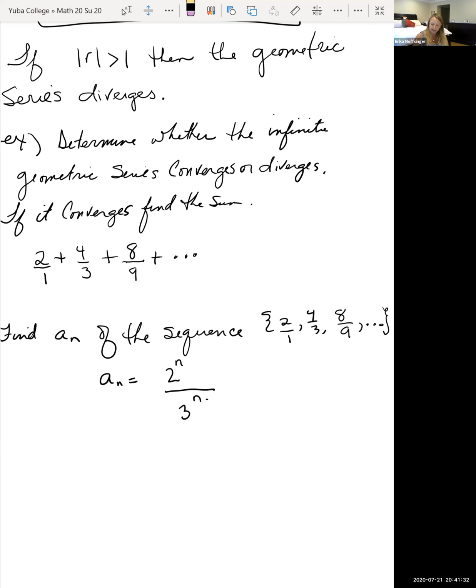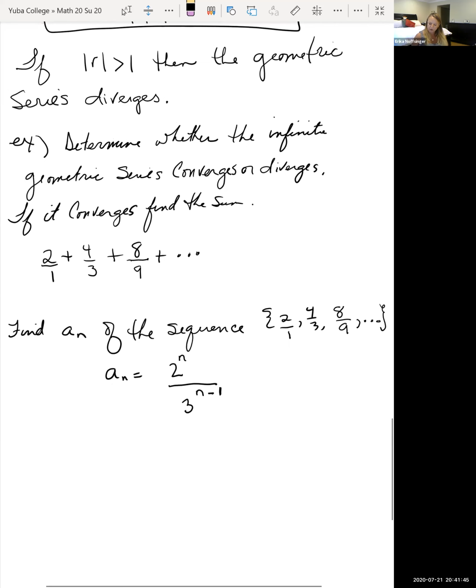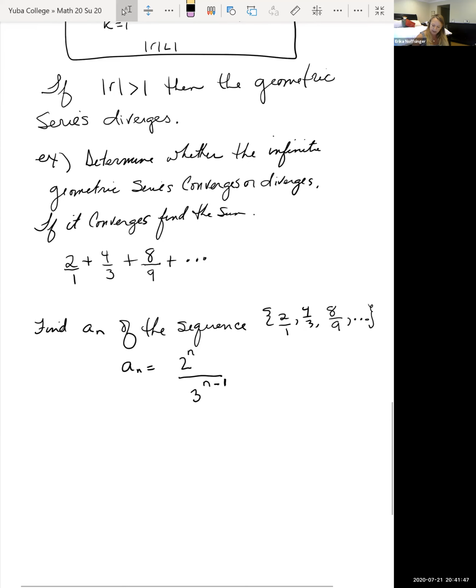So to fix that, I could put a -1 here. When I put in 1 for my first term, 1 minus 1 is 0, 3 to the 0 is 1. So we just figured out how to find the a sub n term. We can tell here that a sub 1 is equal to 2. It gave that to us by listing out the summation.